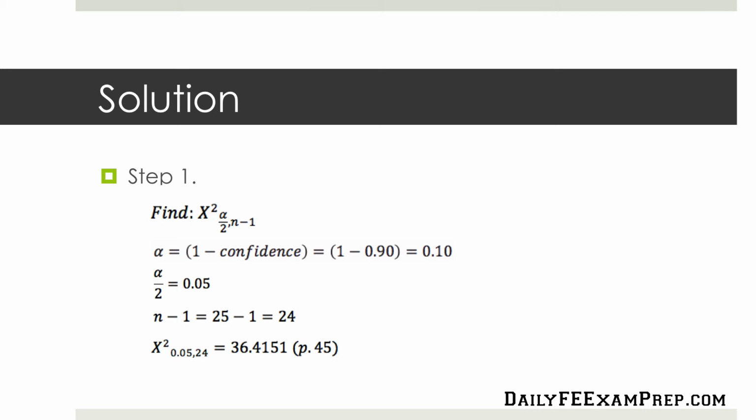We go over to our chart on page 45 and find those two values. Chi-squared of 0.05 and 24 degrees of freedom gives us 36.4151. So that is our first point.